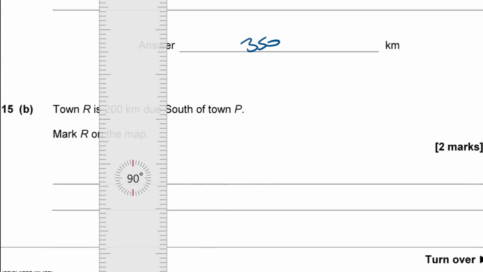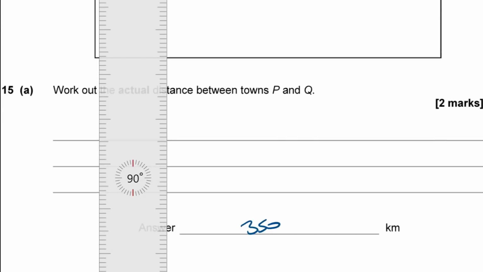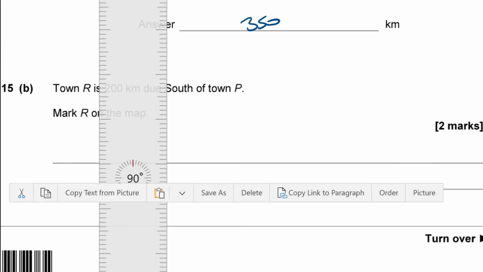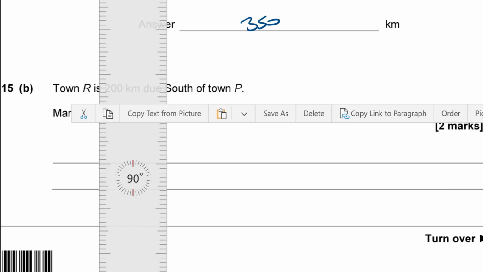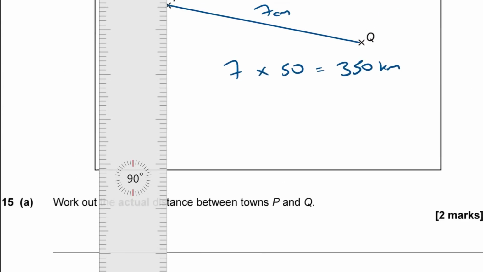I don't think we need to construct it in any way. We just need to try carefully draw in a southerly direction for a distance of 200 kilometers. So 200 kilometers, if I want to work out how far I need to draw, I need to divide that by 50 this time, to work out the number of centimeters. So how many 50s going to 200? It's 4.